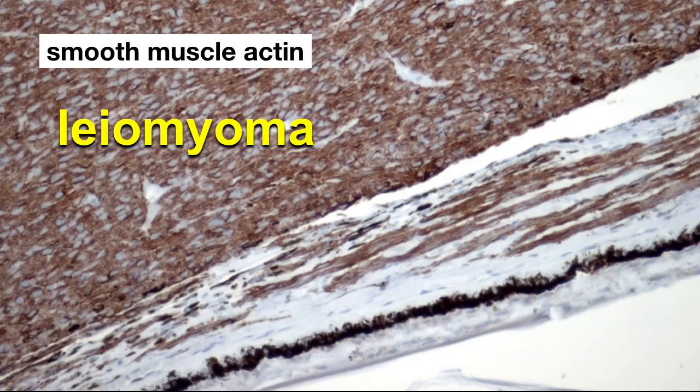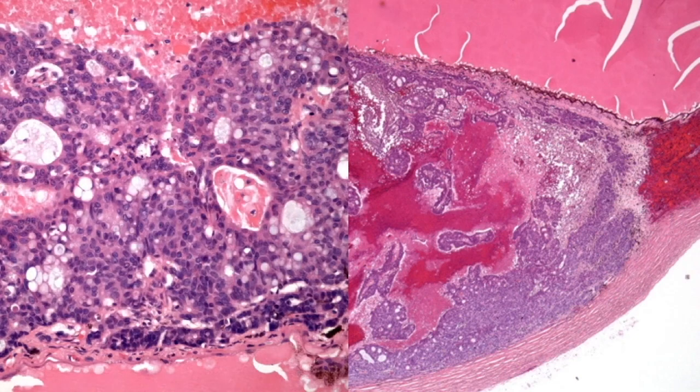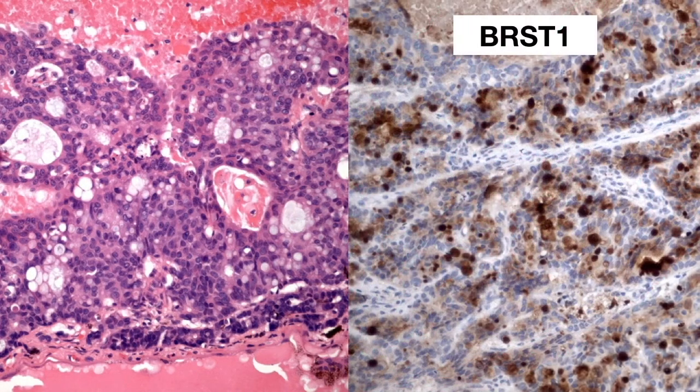In this leiomyoma, the smooth muscle nature of the tumor is identified by positive staining for smooth muscle actin. Immuno is also used to identify primary tumors that have spawned intraocular metastases, like this metastatic breast carcinoma, which is immunoreactive for breast marker BRST1.